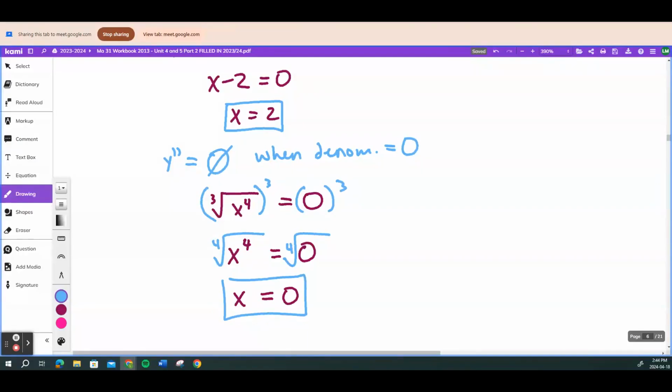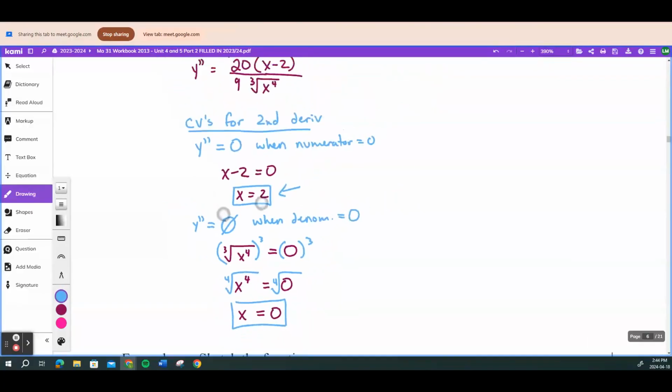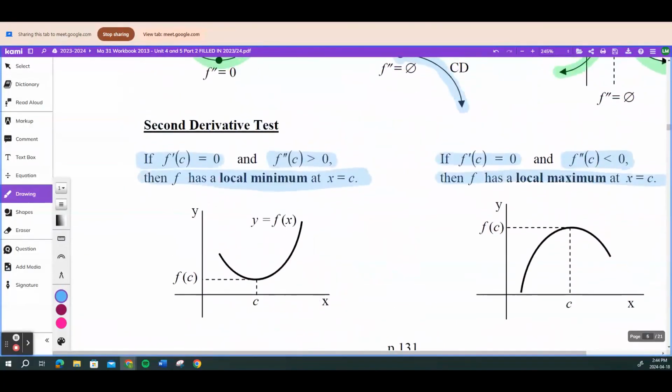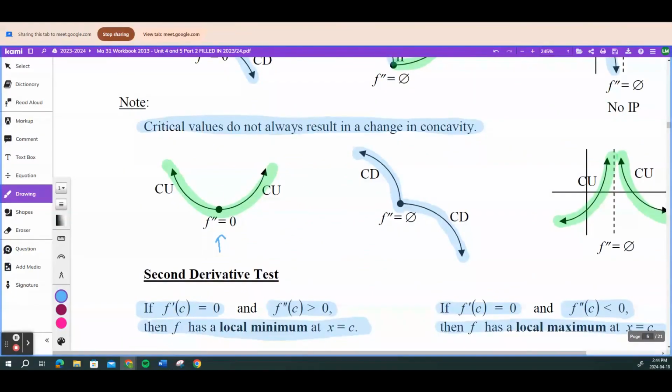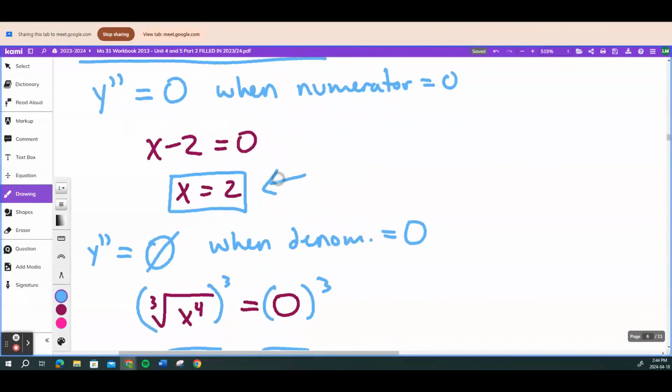Okay, so just remember for what we found when our numerator is equal to 0, our second derivative is going to be equal to 0 at that point. We don't know for sure at this point if there is an inflection point, right? Just because if we look back in our notes, we can have our second derivative equal to 0 when the concavity does not change. So let's write a note to ourselves right now, in a different color.